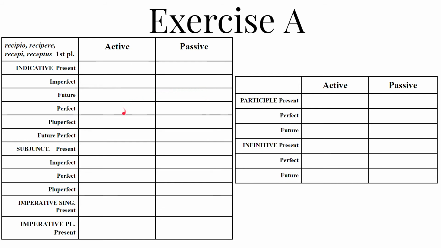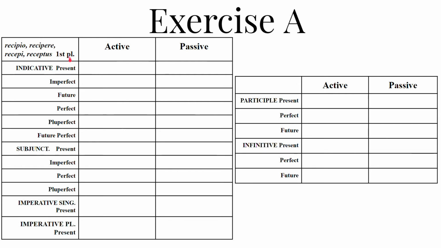For the perfect, pluperfect, future perfect, perfect stem, recep, add the endings. Recepimus. Receperamus. Receperimus. The perfect, pluperfect, and future perfect passive comes from the fourth principal part, receptus. Make it like an adjective, receptus.